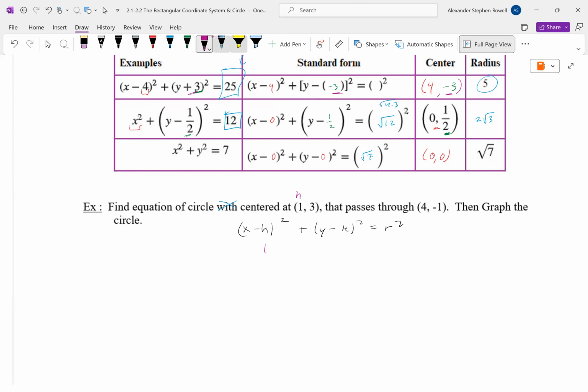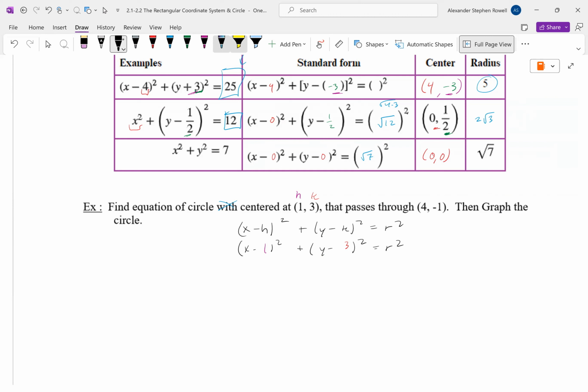Presumably h should be 1, and k should be 3. (x minus 1) squared plus (y minus 3) squared is equal to r squared. It remains to find the radius. Then I have the equation of the circle.